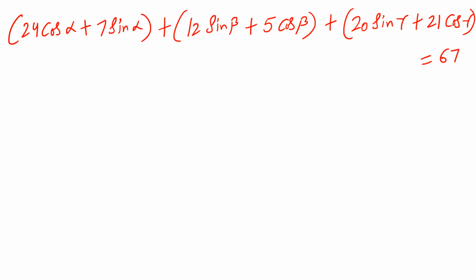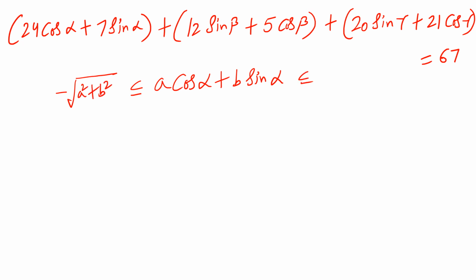If you have prepared well, then you must be knowing that the expression a cos alpha plus b sin alpha always lies between minus square root of a square plus b square and square root of a square plus b square.